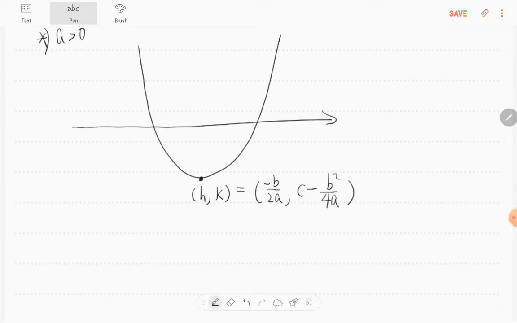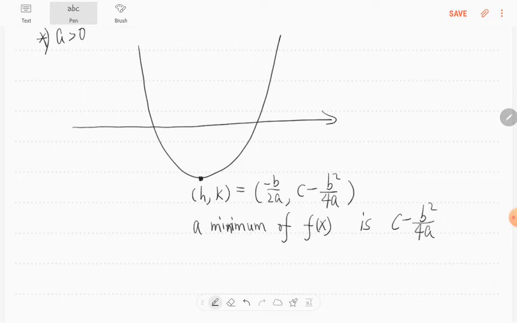This tells you that it is the lowest point on the graph. So this will give you a minimum value of f of x, which is the f value of this point, in other words, the y coordinate of this point, which is c minus b squared over 4a.